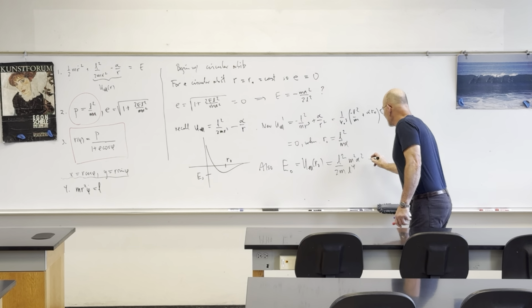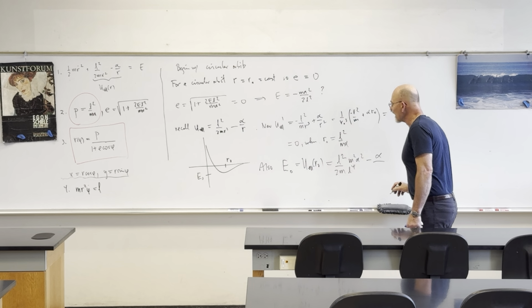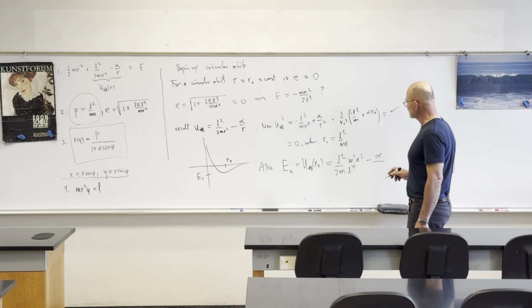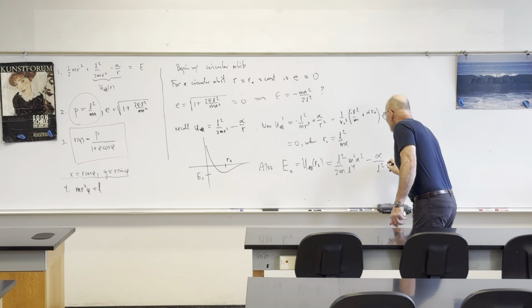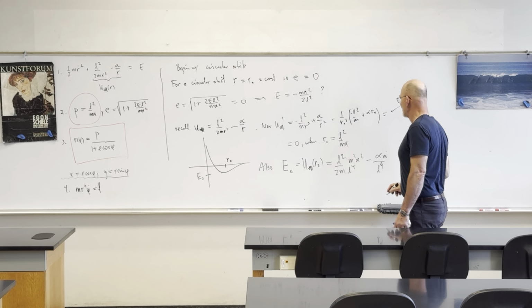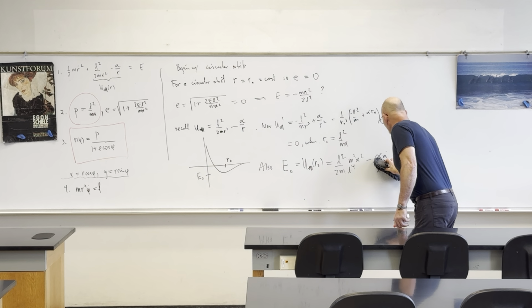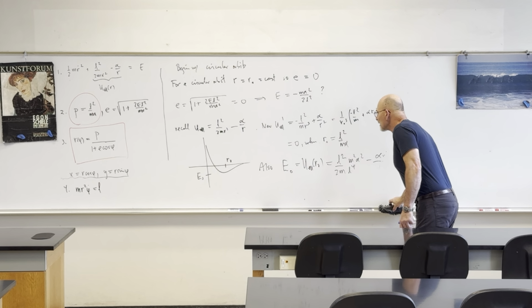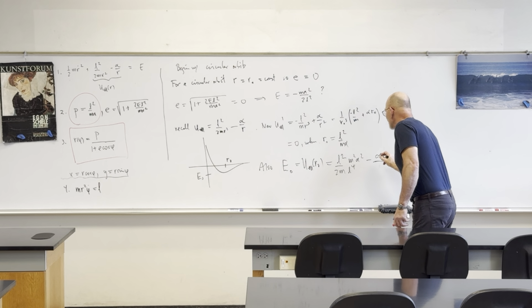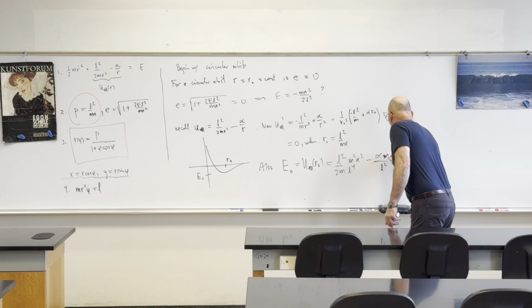That's better. Minus alpha over R naught, which is L squared, no, L squared, my bad, alpha over L squared over M alpha. There we go.